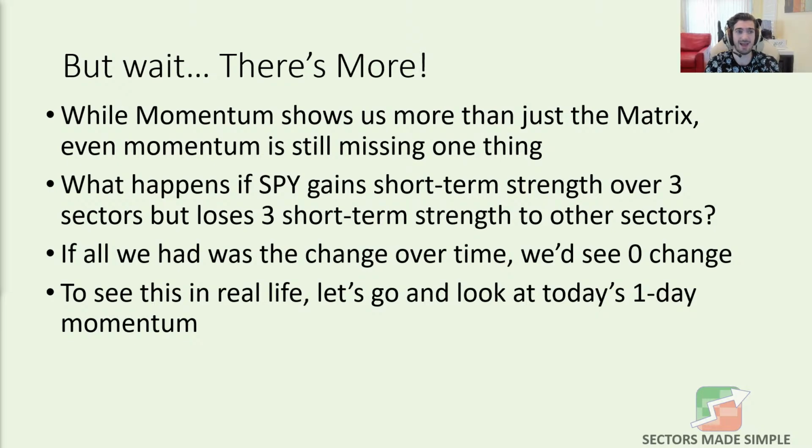But if all we had was this minus this, we're going to miss it. 6 minus 6 is 0. But what we don't get is that it's 6 plus 3 minus 3 minus 6. There's a lot more that's going into that we don't see.